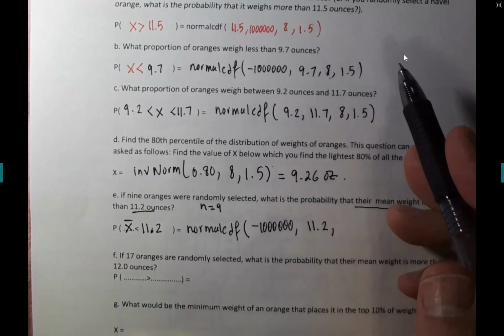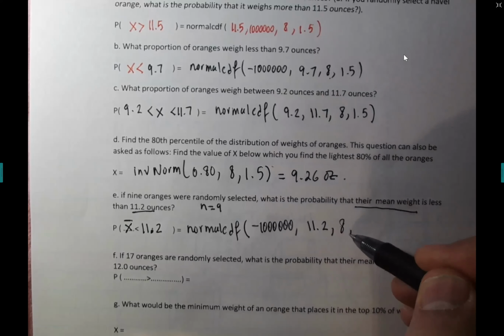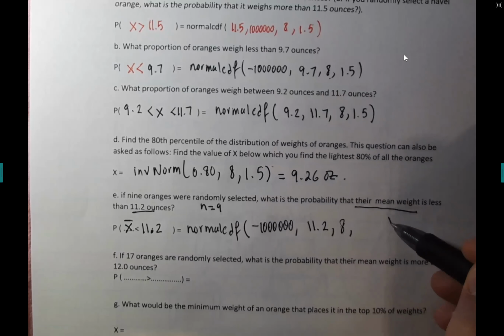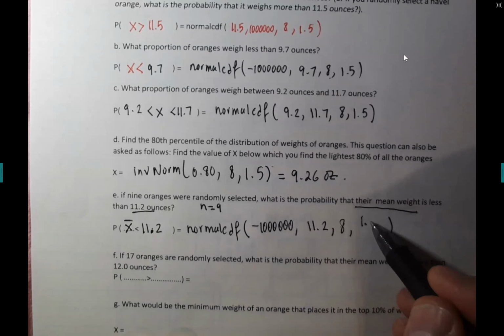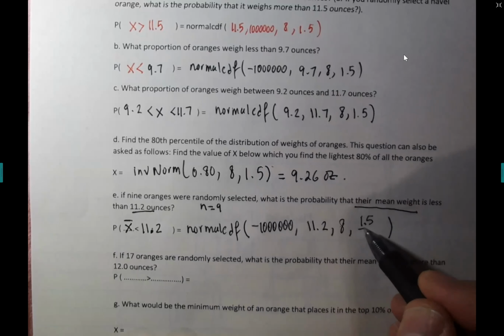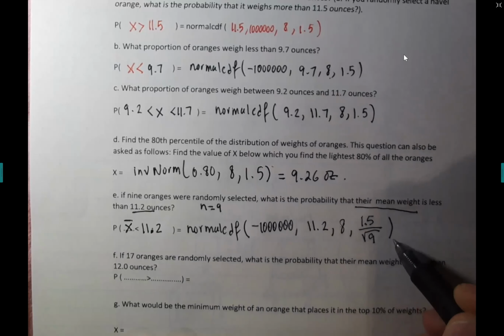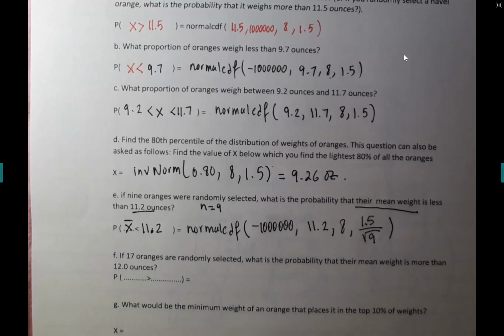It's always 8. And what about the standard deviation here? Here the sigma will be the 1.5 divided by the square root of n, which is 9. Exactly, guys. That's it. And you ask me why again.